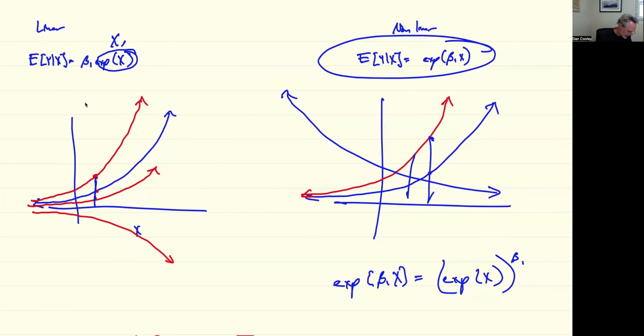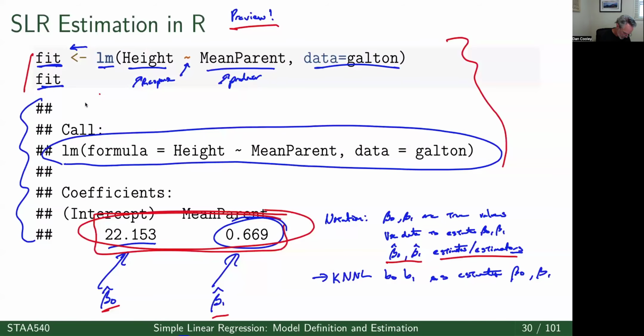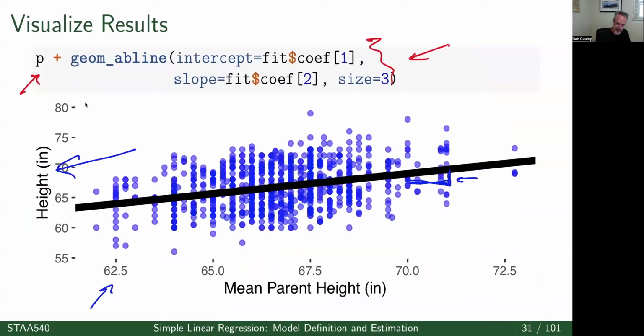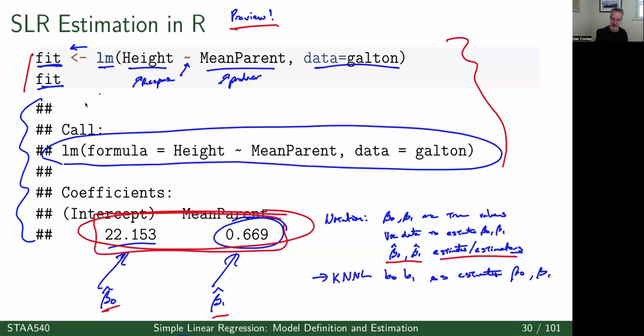On slides 30 through 32, it was kind of a preview of estimation. And maybe the goal of that was just to solidify in your mind what beta naught and beta 1 are, and also this idea of estimating them. But the estimation is going to be the topic of the next lecture.